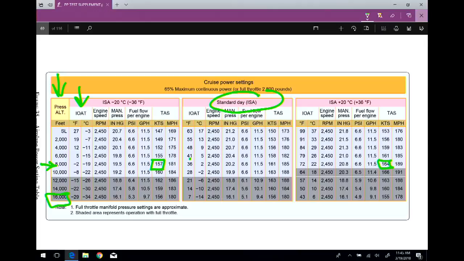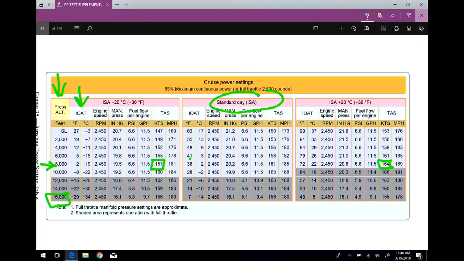Take a look there at your settings now. With this, in order to get that 2450 RPM, you're going to have to go full throttle. And that's going to give you a manifold pressure of 16.1.